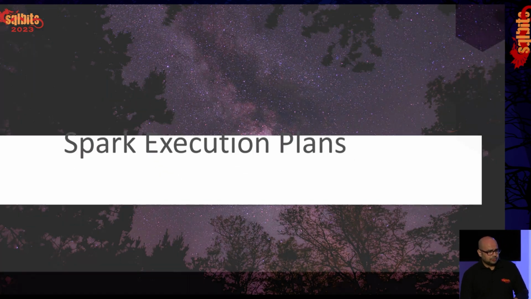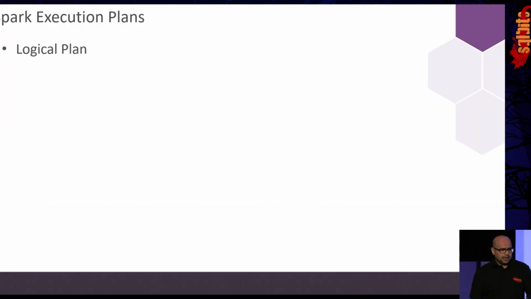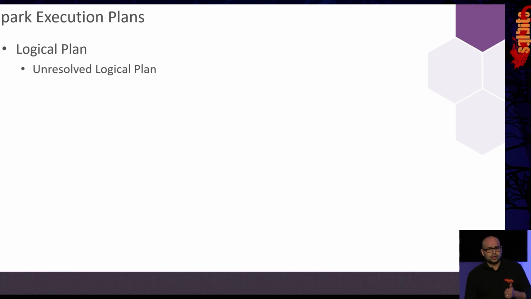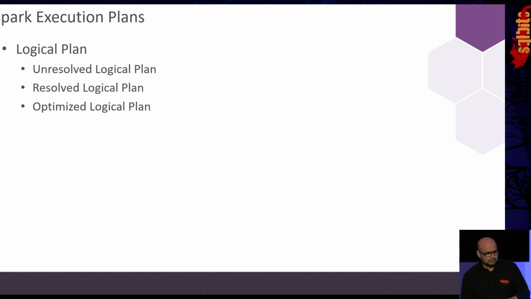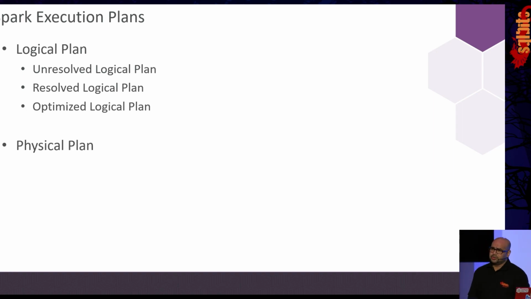For the execution plans, we have a logical plan, and it's broken down into three: the unresolved logical plan, the resolved logical plan, and the optimized logical plan. Then that becomes your physical plan. There are multiple physical plans, so multiple strategies are generated from these optimized logical plans, and the best one is chosen.